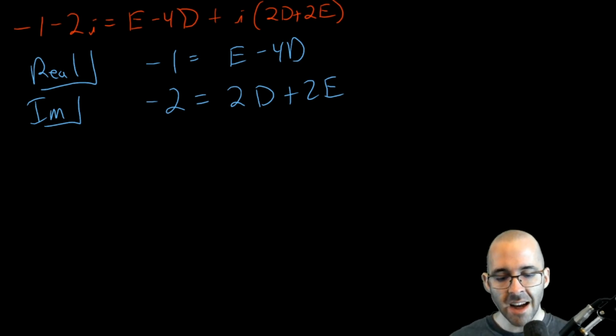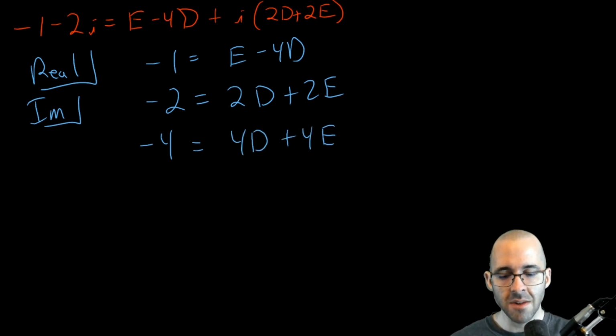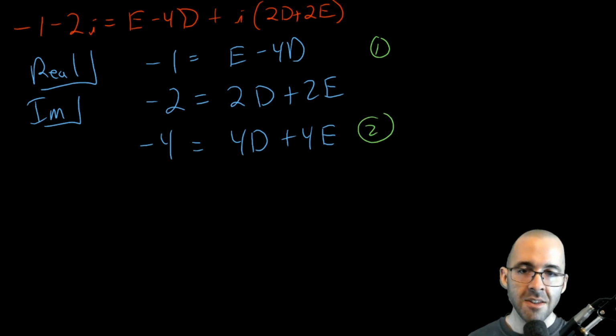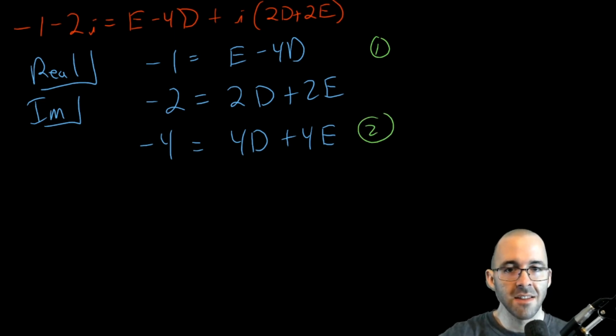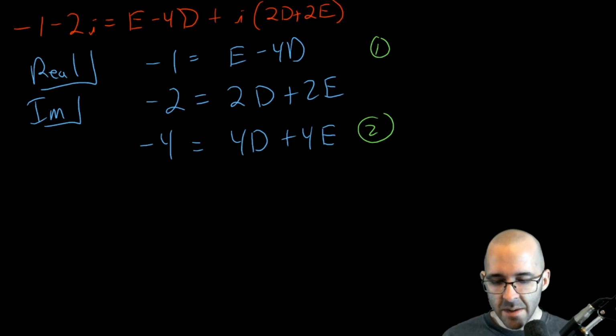Now, if we multiply the second equation by 2, what do we get? Multiply both sides of that second equation by 2. Now we can add these two equations together. Elimination method, really nice. If we add them together, we're going to get negative 5 is 5e.